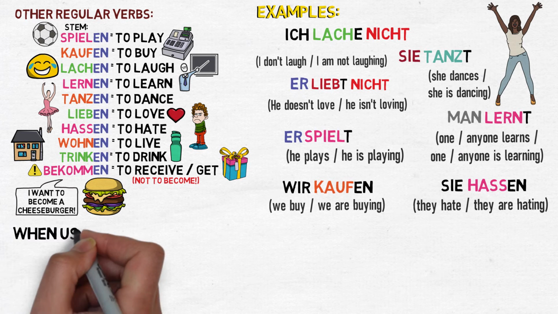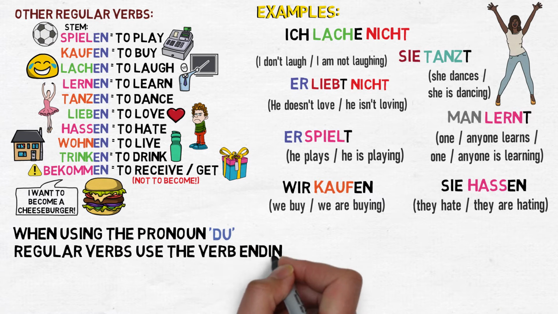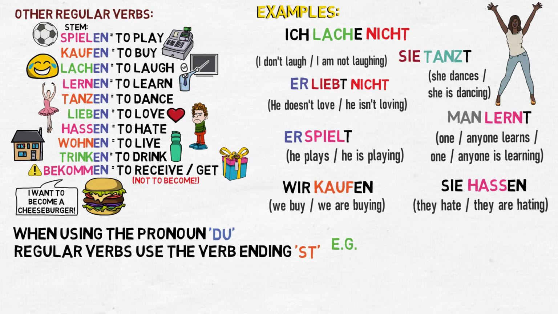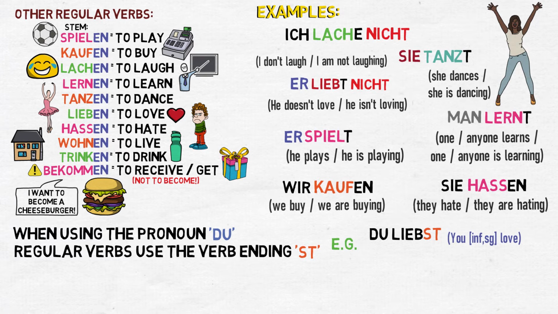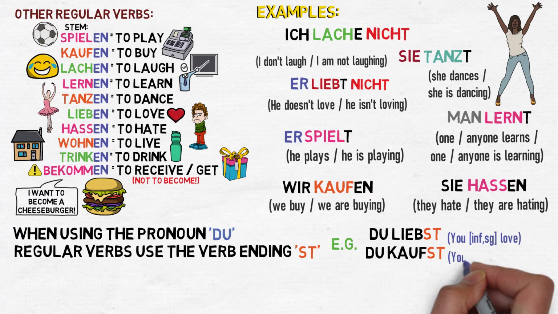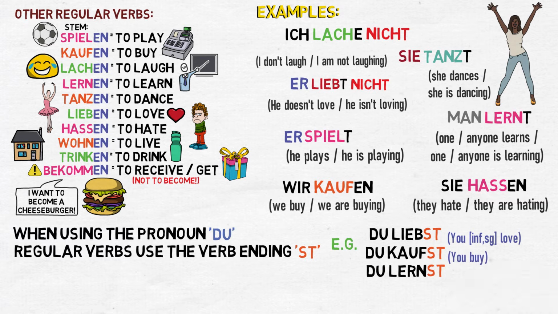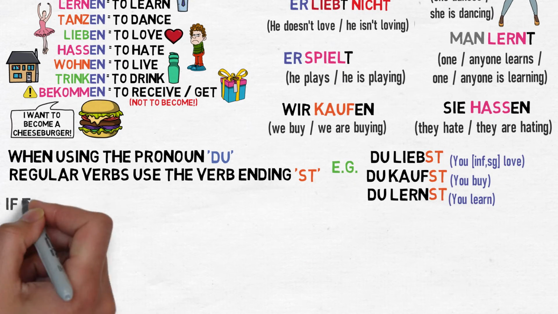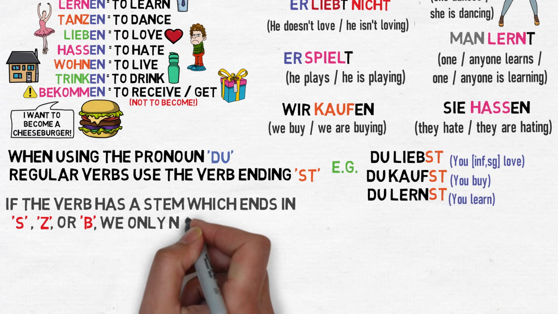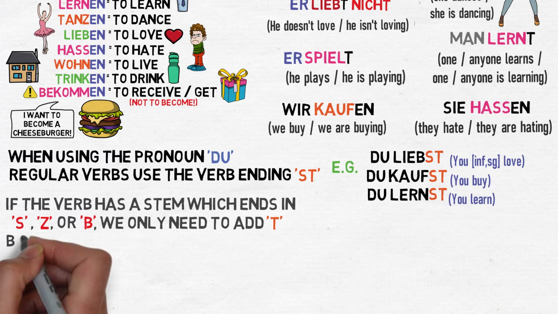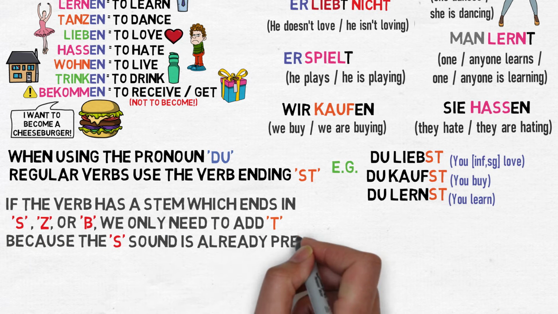When combined with du, regular verbs get an st ending. For example, du liebst, you love in an informal singular sense. Du kaufst, you buy. Du lernst, you learn. If the verb has a stem that ends in an S, a Z, or an ß, we only need to add a T with du, as the S sound is already there.